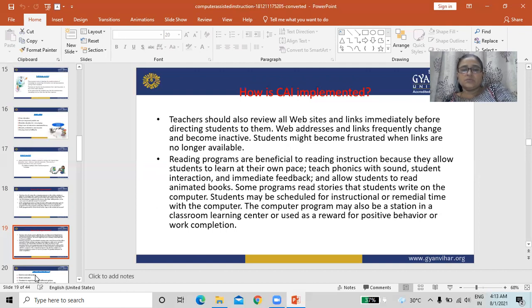Students may be scheduled for instructional or remedial time with the computer. The computer program may also be a station in a classroom learning center or used as a reward for positive behavior or work completion.